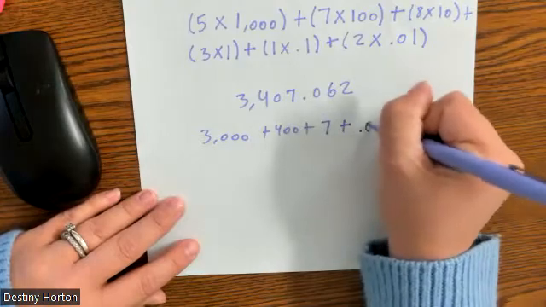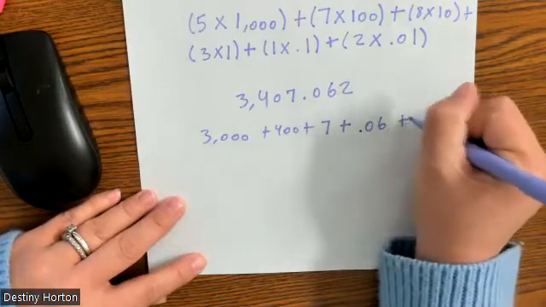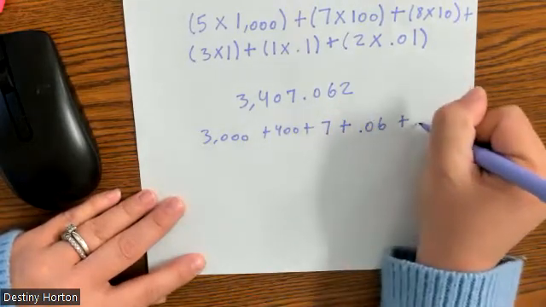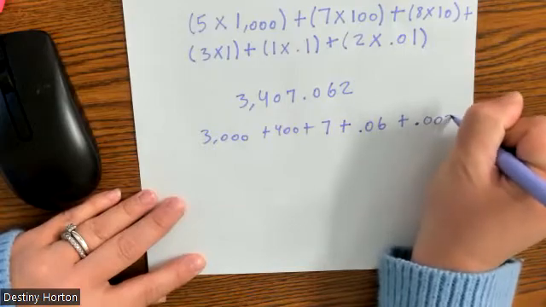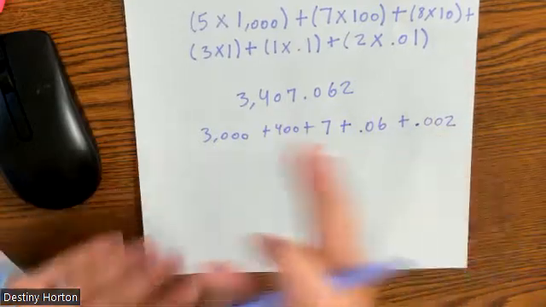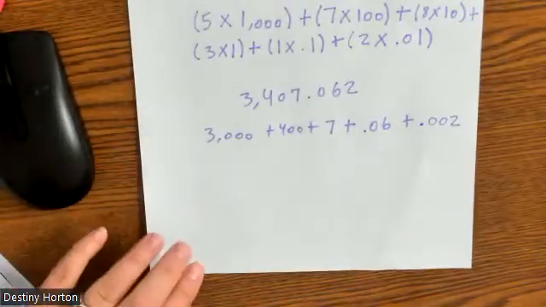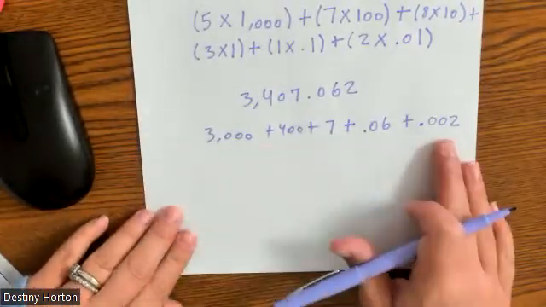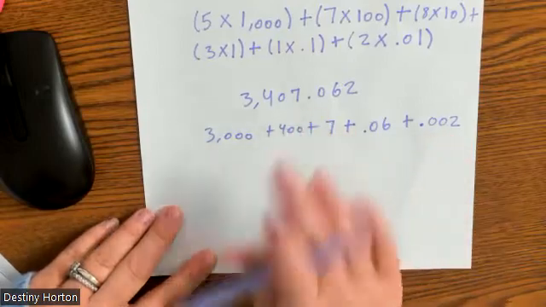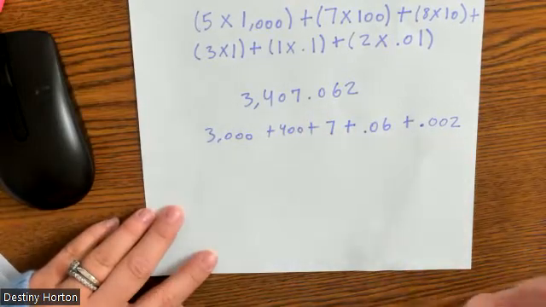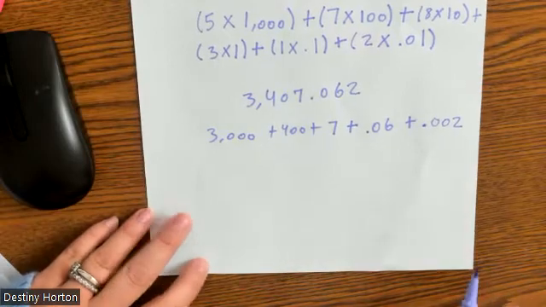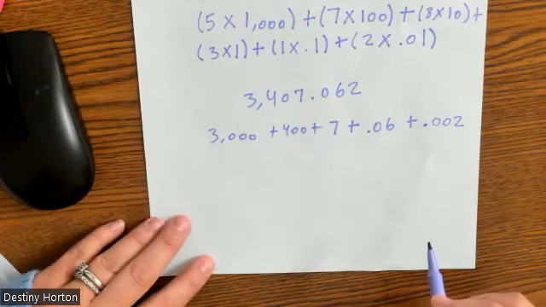So I'm doing plus 6 hundredths plus 2,000. And I have to make sure that I'm writing my decimal and putting the digit in the correct place. If you don't, then the whole number is off. So this is my expanded form. I don't have to include where the zeros are because there's nothing there. It has 0 value. So now let's move on to expanded notation.